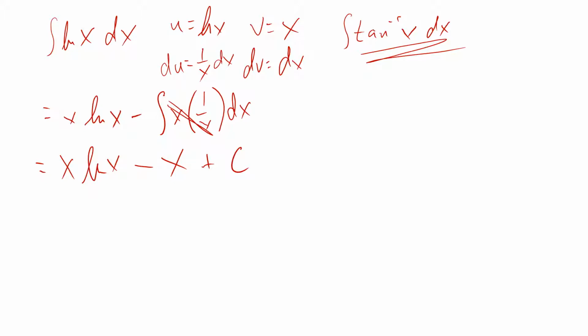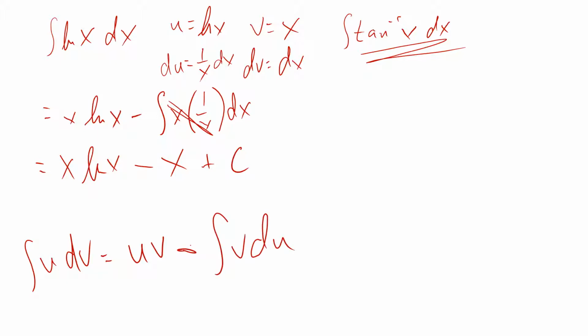So this is how the integration by parts technique gets used. It's all about the equation: the antiderivative of u dv equals u v minus the antiderivative of v du.